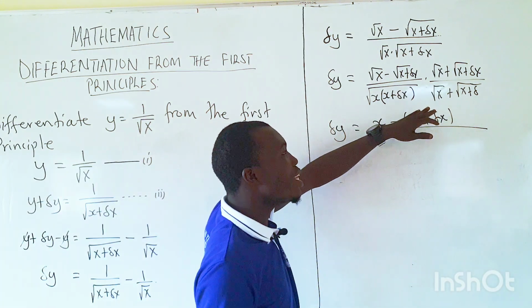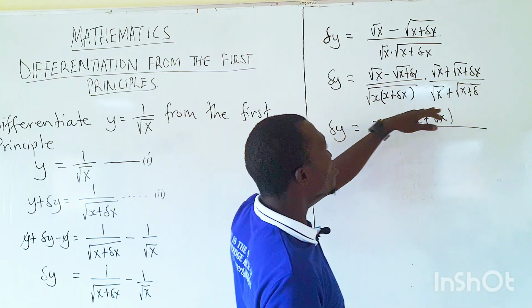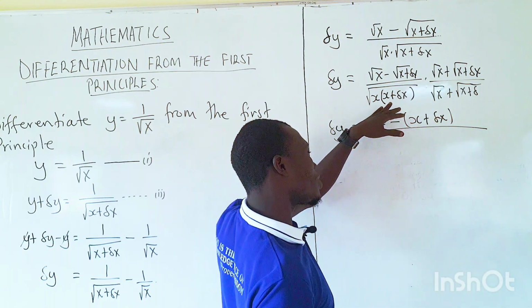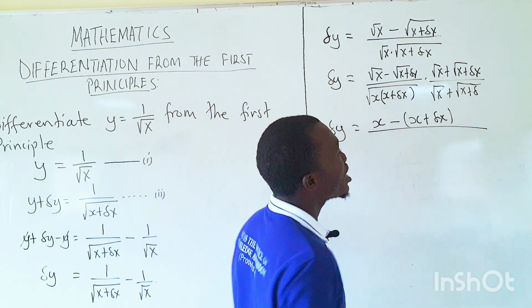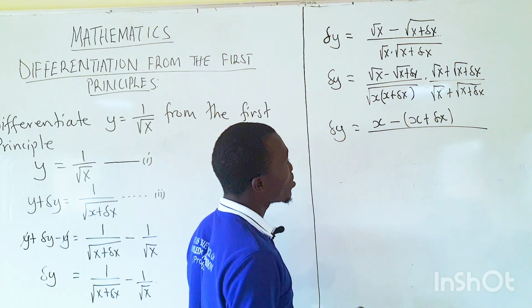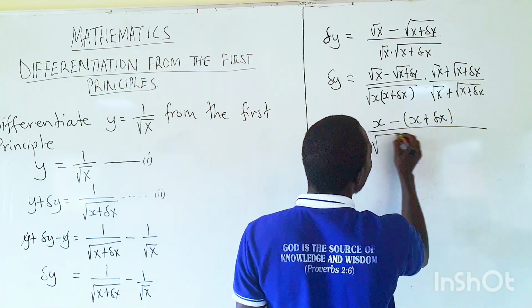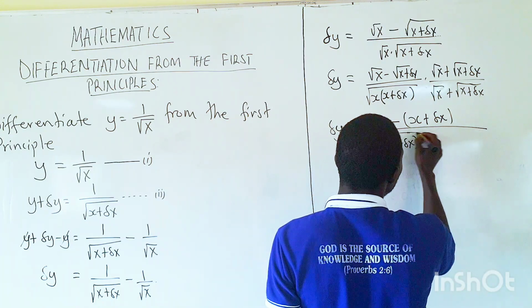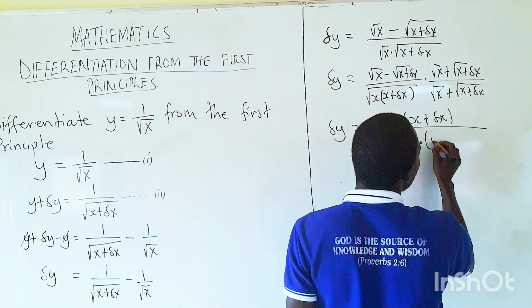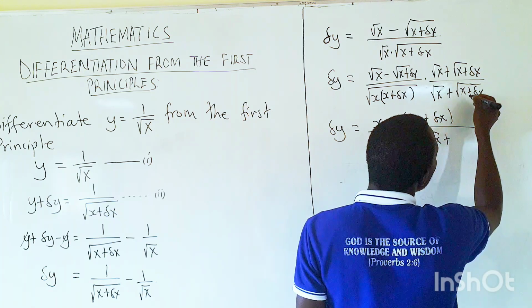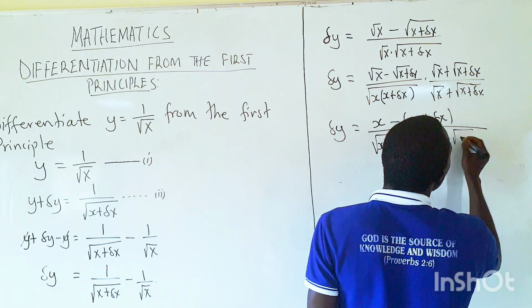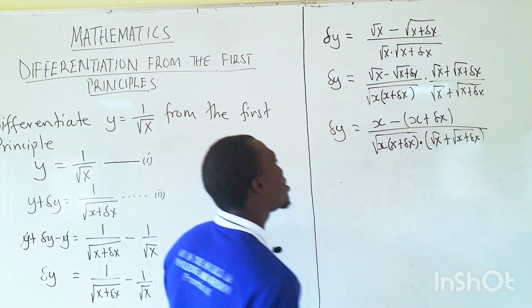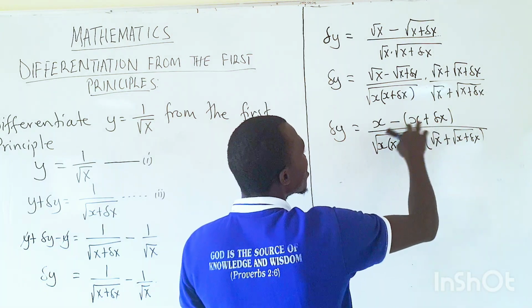What is on the denominator should not bother you. We shall simplify when taking our limit as delta x tends to 0. So we shall have this as root 2x into 2x plus delta x, then times root 2x plus root 2x plus delta x. Then when you open this bracket, 2x and 2x will go.